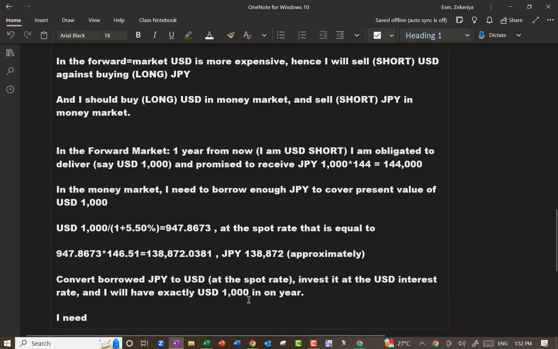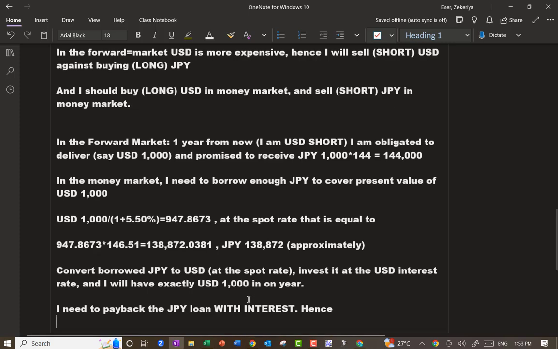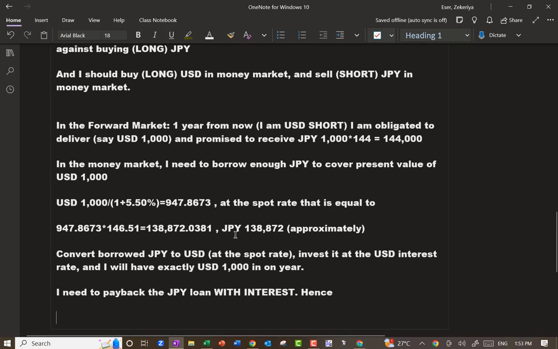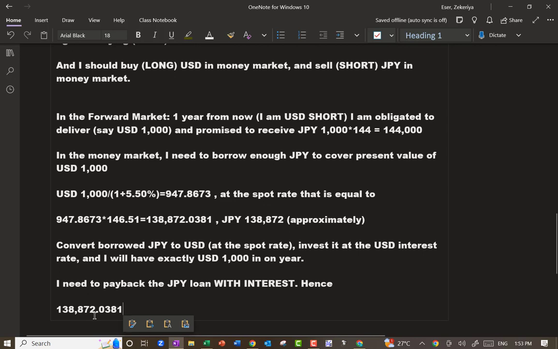I need to pay back the yen loan with interest, hence let me get this amount. Times 1 plus 2.25%.